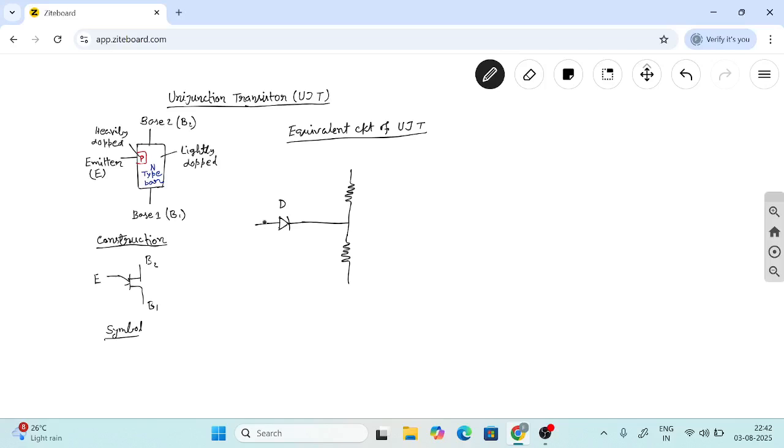This terminal is called emitter, base B2, base B1, and this resistance is RB2, this is RB1.